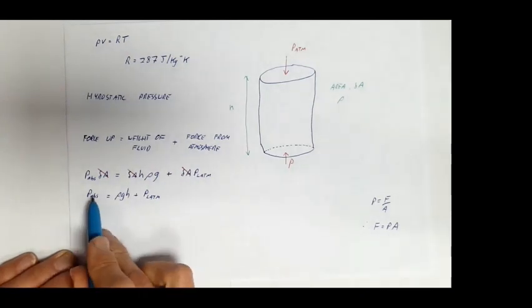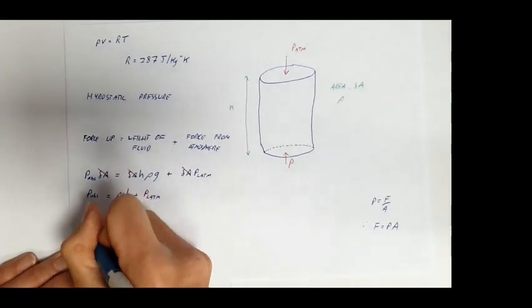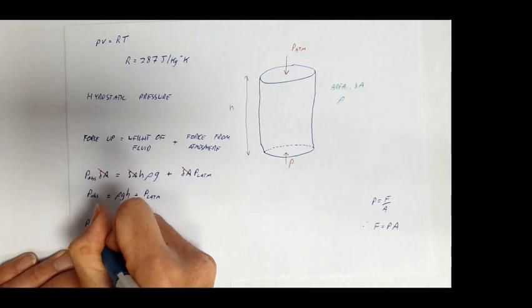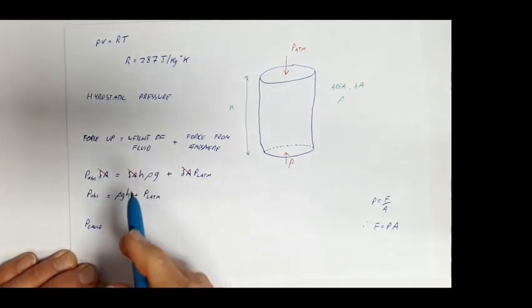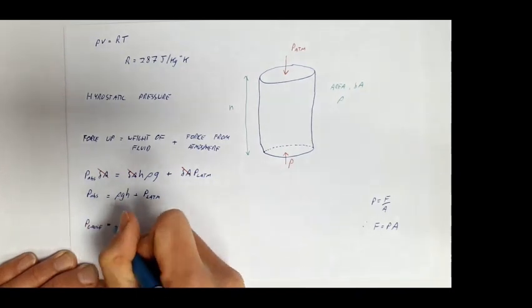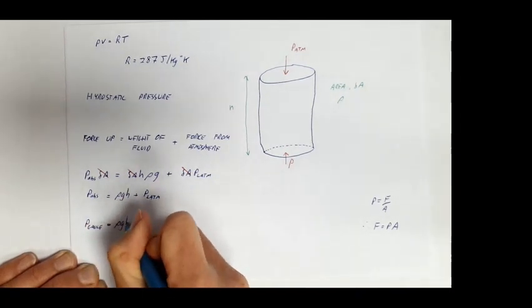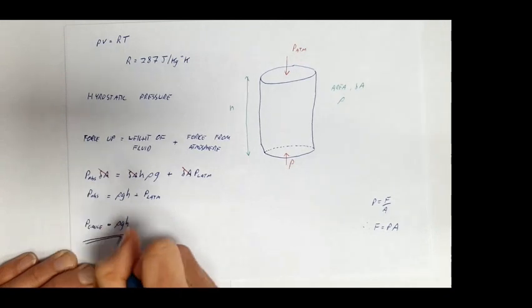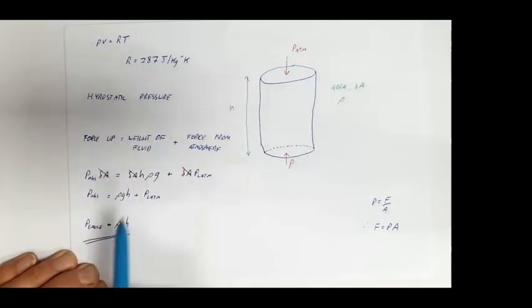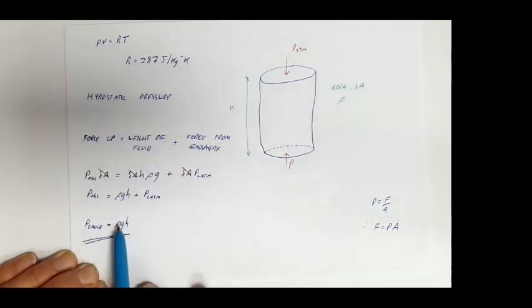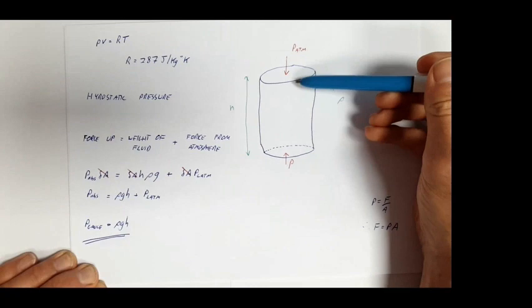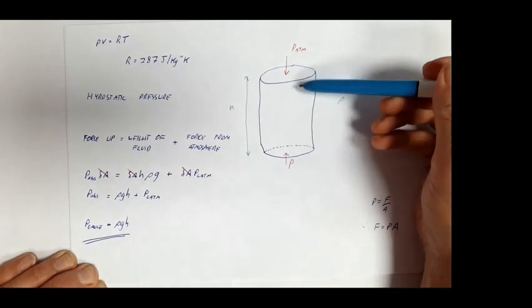Or if we want the gauge pressure, we simply subtract the local atmospheric pressure. So we'll end up with rho GH. Okay, so when people talk about hydrostatic pressure, generally they'll just use that. Now we're talking about gauge pressure. Hydrostatic pressure is simply rho GH. It's the amount of fluid sat on top of your surface.